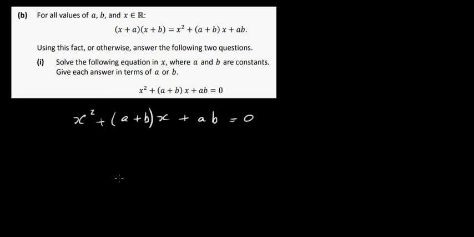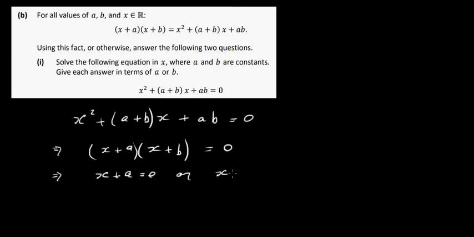Right, so what we can do here is we are told that all of this can be written like this here. So instead of this left hand side, we can just simply write x plus a times x plus b. So that's going to be equal to 0 then. Now when you multiply two numbers together and you get 0, one or both of the numbers must be 0. So x plus a must be equal to 0, or x plus b must be equal to 0.